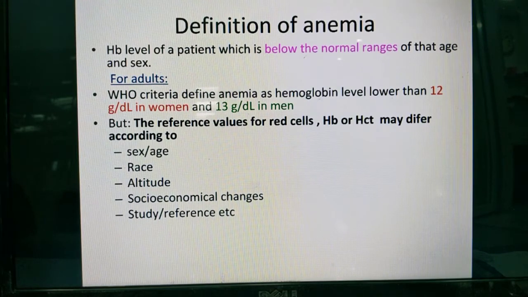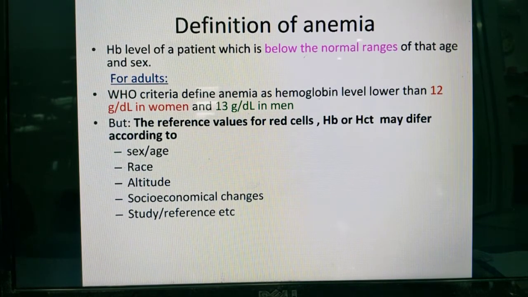Definition of anemia: the Hb level of a patient which is below the normal range for that age and sex. For adults, the WHO criteria define anemia as a hemoglobin level lower than 12 gram per dl in women and 13 gram per dl in men.